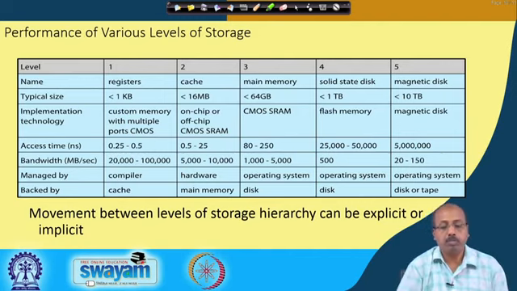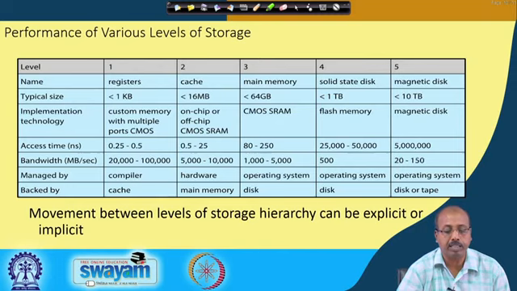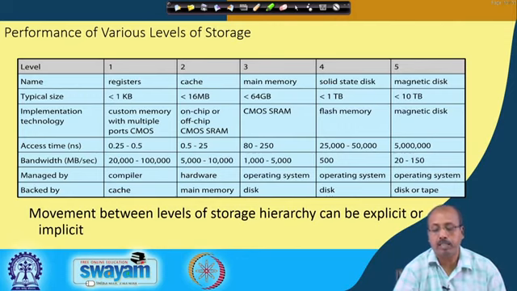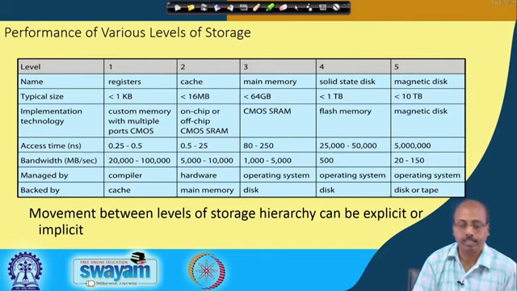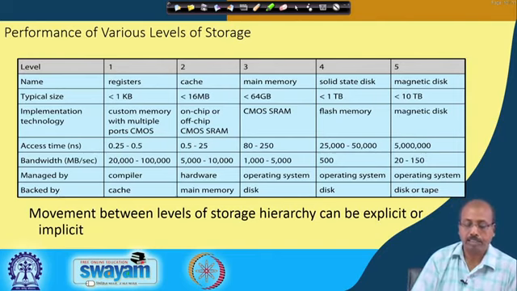If we look at the various levels of storage, CPU registers have a typical size of less than 1 kilobyte, cache 16 megabytes, main memory 64 gigabytes, solid state disk 1 terabyte, and magnetic disk less than 10 terabytes. So size increases in the direction from register to magnetic disk. There are also different implementation technologies.